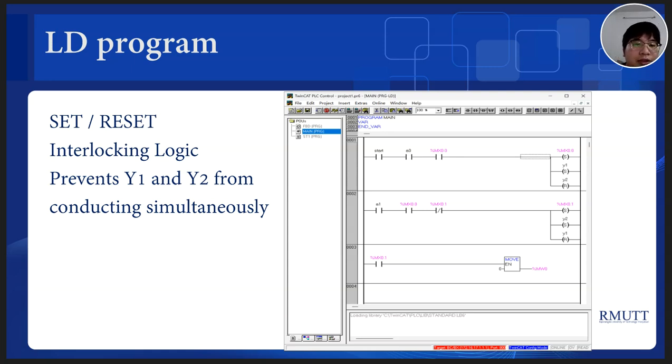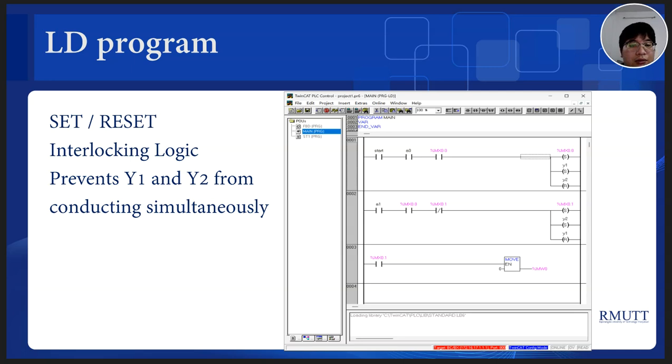This page presents the LD program. LD means ladder diagram, which is one of the most common PLC programming languages. In this program, I use set and reset instructions to control the forward and backward movements of the cylinder.